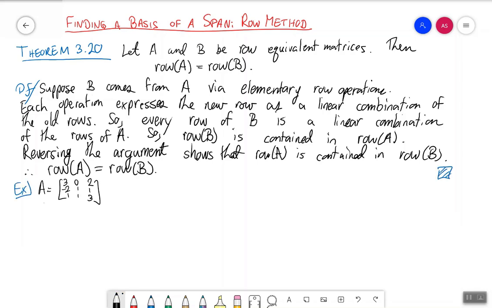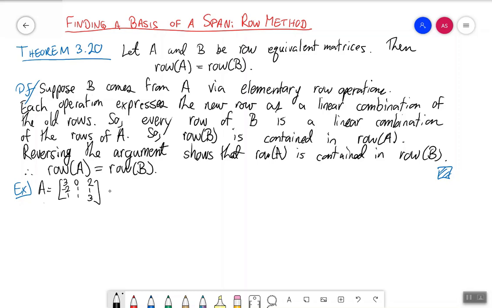Consider this example here. You might notice that the rows of this matrix are exactly the vectors that I had you look at in the question following the previous video. I'm going to show you how we can use this theorem to give you another, more straightforward way to determine a basis for the row space of this matrix, for the span of those three vectors.